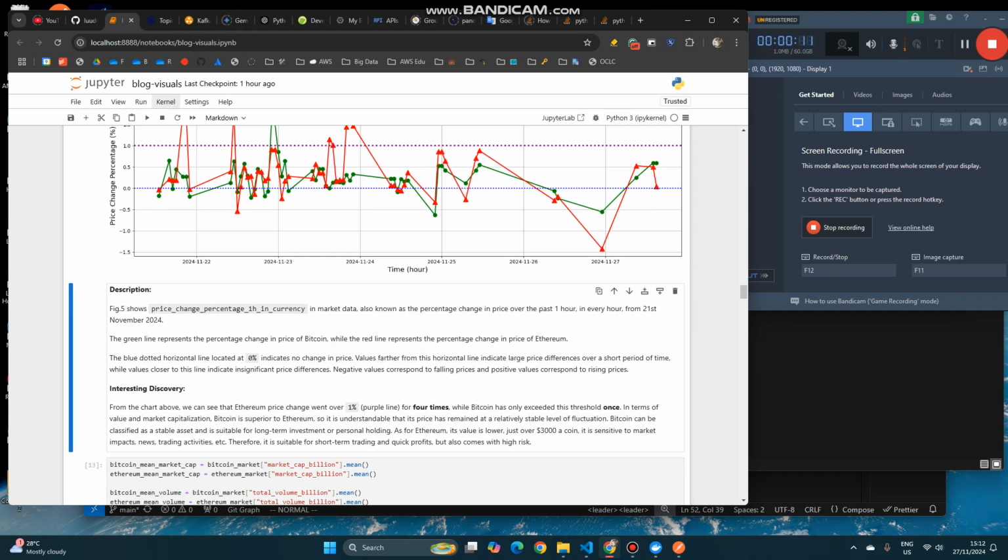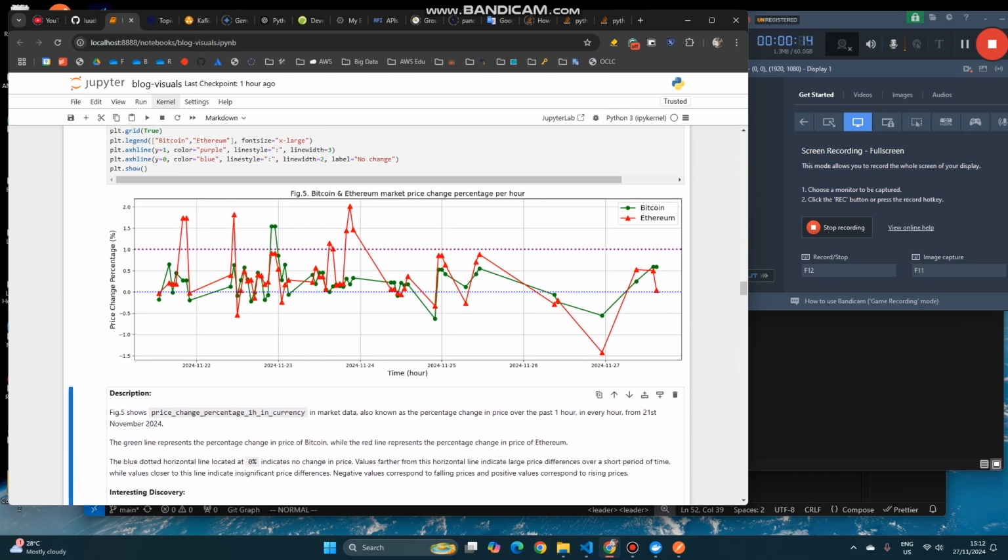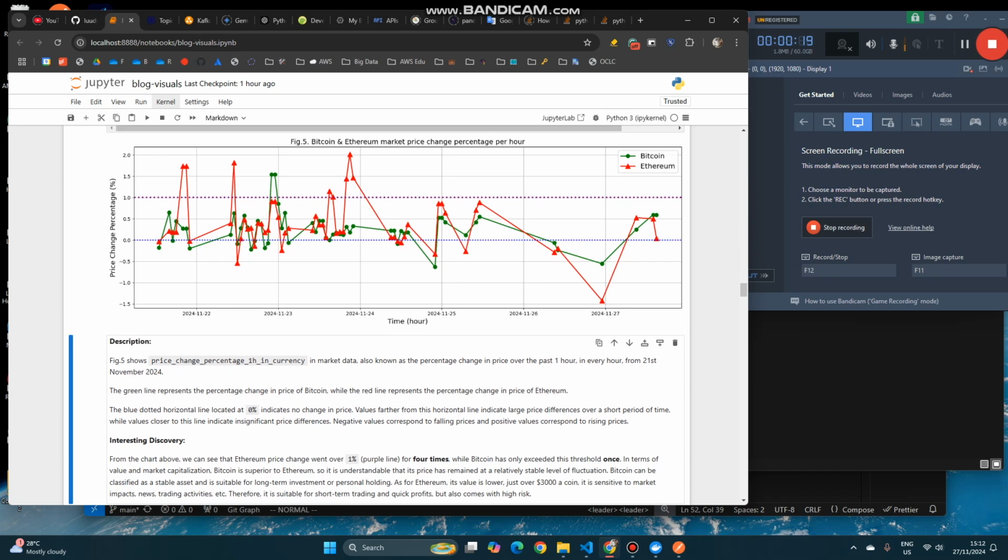So the people in short-term trading and quick profit can buy and sell the Ethereum. But Bitcoin, we know that the value of Bitcoin is much more expensive than the Ethereum. One Bitcoin is about more than $60,000. So there's only one time that Bitcoin goes over the 1% of price change, and most of the time it is just staying around with the blue light.